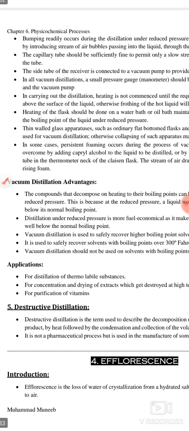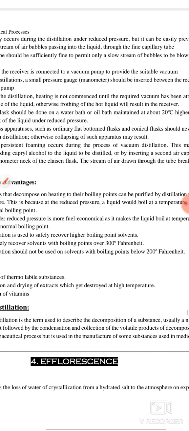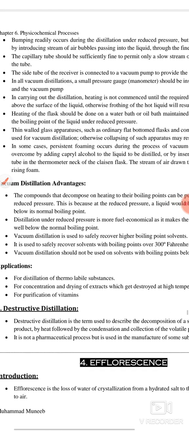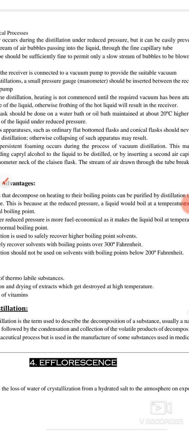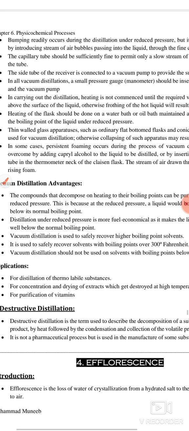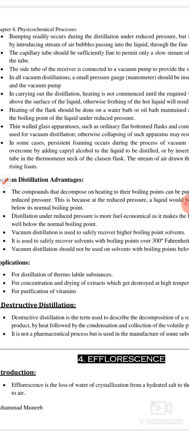So some advantages of vacuum distillation are that compounds which decompose on heating can be purified by vacuum distillation, under the reduced pressure, at their lower boiling point. Distillation under reduced pressure consumes less fuel, so it is very economical and cheap for us.